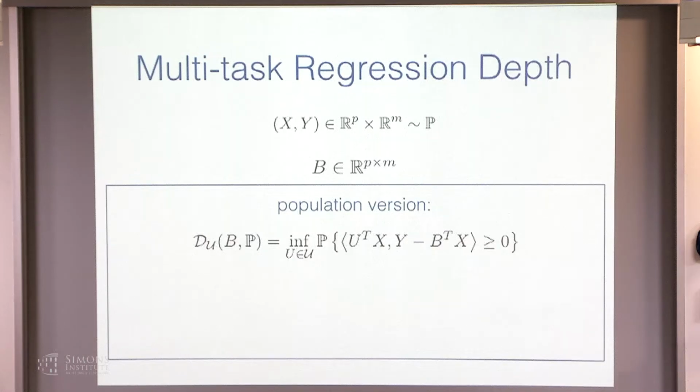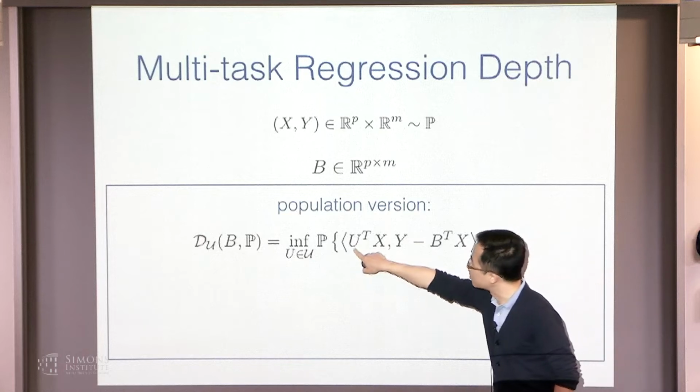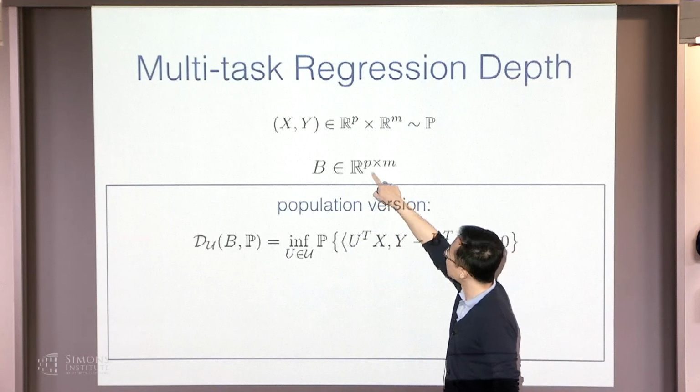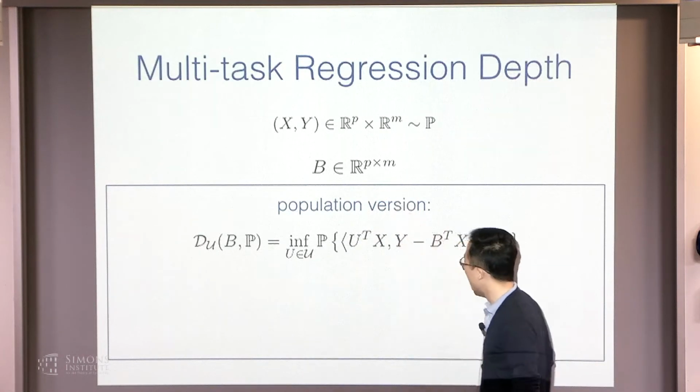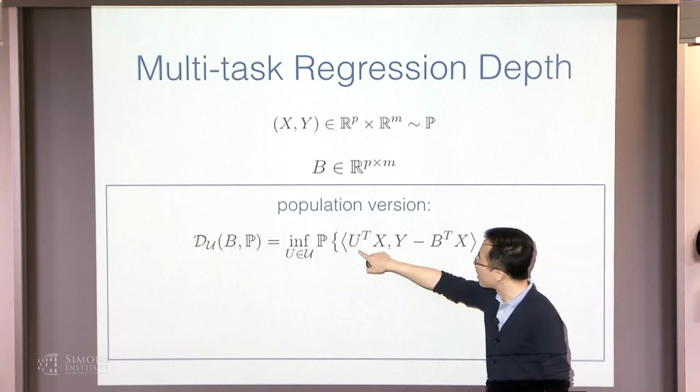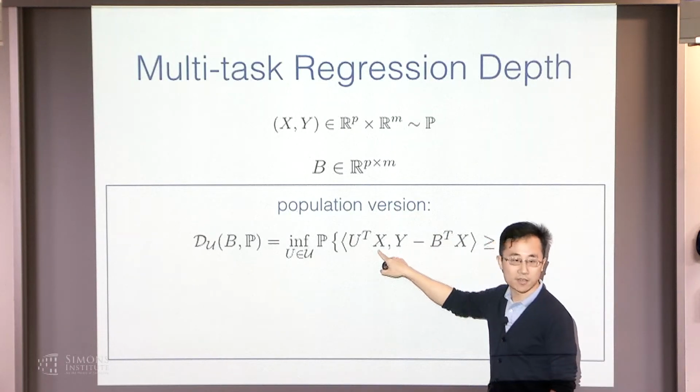Right? So the regression depth for this problem can be defined in the following way. Let's consider a matrix U that is of the same size as B, living in p by m dimension. And then U transpose X will be an m-dimensional vector.